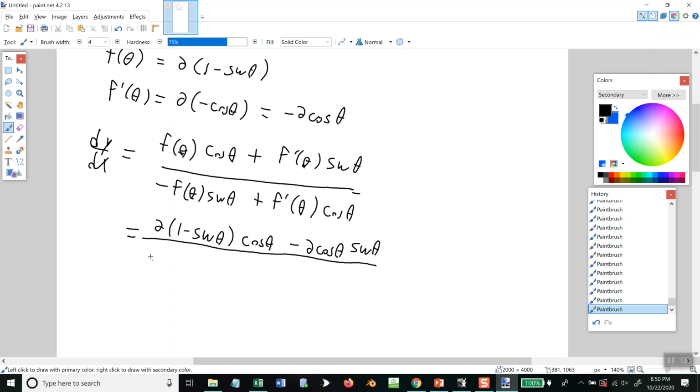Over the negative f of theta, so negative 2 times 1 minus sine theta, times sine theta, plus f prime, which is minus 2 cosine theta, times cosine theta.